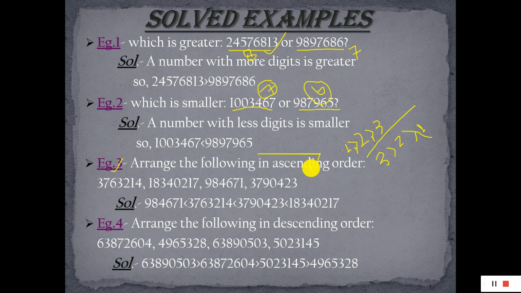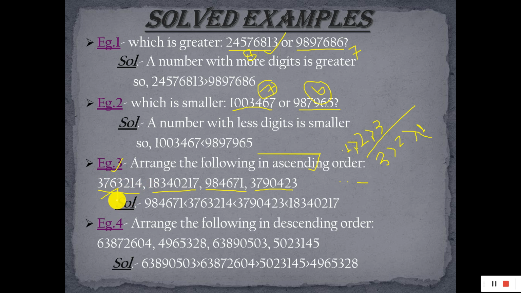How can you tell which is lower and which is greater? First the lowest, then greater, then greater, then greater. First rule, what is the first rule? Count the digits. Let's start. 1, 2, 3, 4, 5, 6, 7.